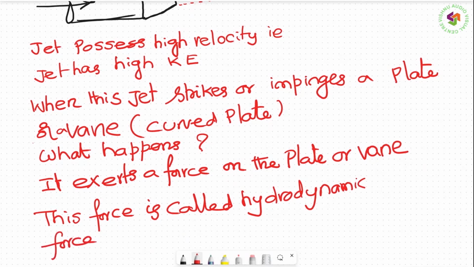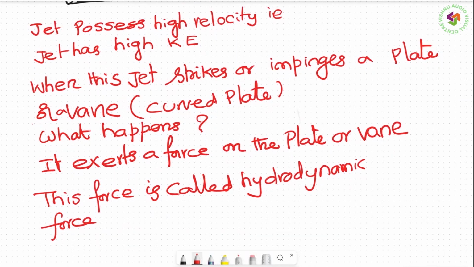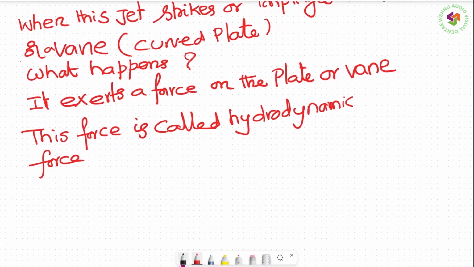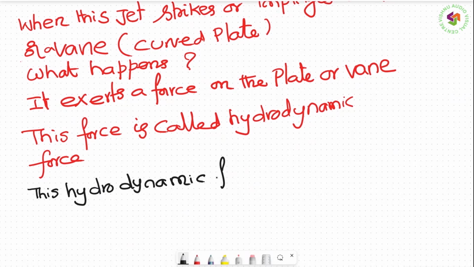So again, first, what is a jet? Then this jet strikes a plate or vane. What happens? It exerts a force, and we call that force hydrodynamic force. This hydrodynamic force is due to what?